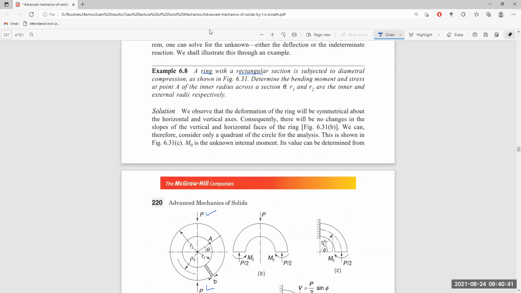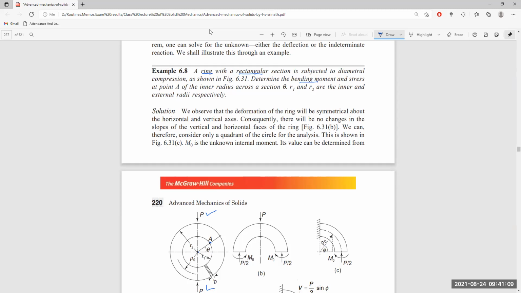Now determine the bending moment and shear stress at some point, say section A, which is defined by the angle theta. R1 is the inner radius and R2 is the outer radius of the ring itself. So you have to find out the bending moment and stress at the point A itself.